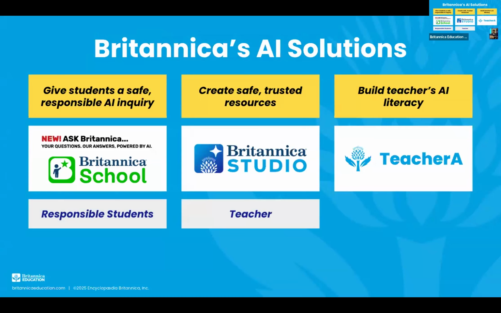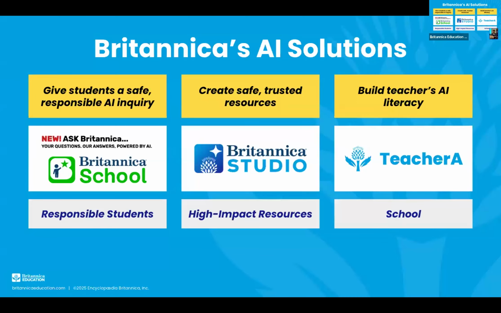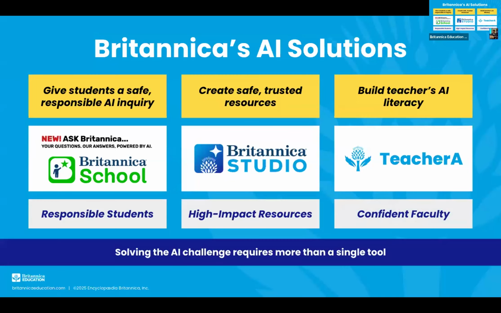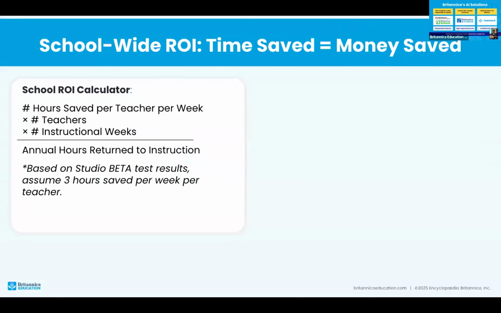Britannica Studio is basically for your teachers, and it helps to provide high impact resources. And TeacherA is basically for schools, for professional development of the teaching faculty, and it helps to provide confident faculty in using AI. So solving the AI challenge requires more than a single tool.